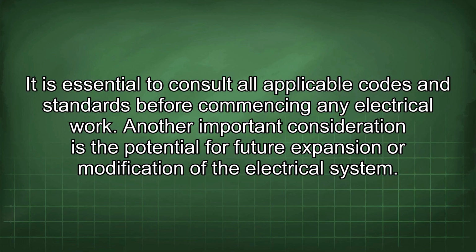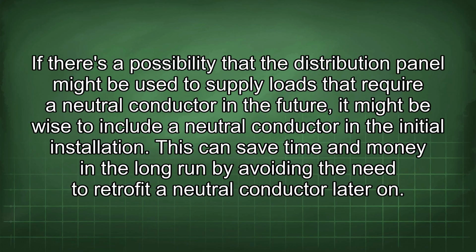Another important consideration is the potential for future expansion or modification of the electrical system. If there's a possibility that the distribution panel might be used to supply loads that require a neutral conductor in the future, it might be wise to include a neutral conductor in the initial installation. This can save time and money in the long run by avoiding the need to retrofit a neutral conductor later on.